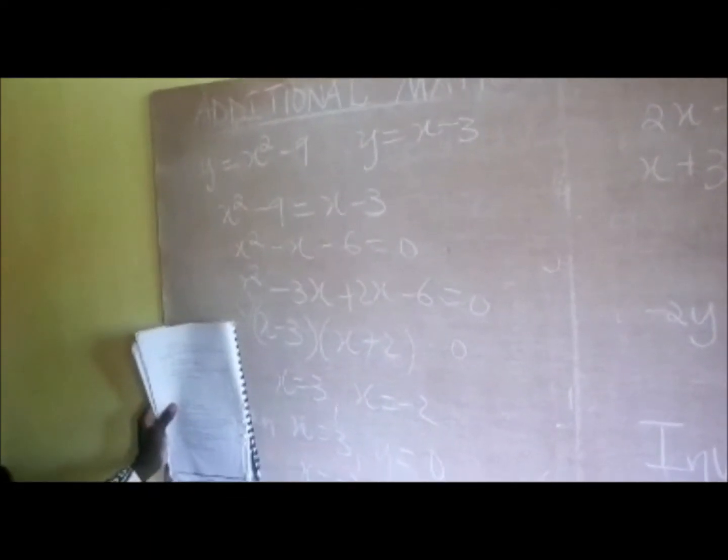So P has coordinates 3, 0, and Q has coordinates negative 2, negative 5.